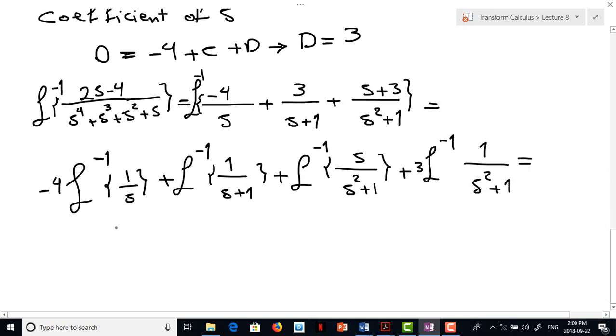If you look at the table, you can see that Laplace transform of 1 is equal to 1 over s. As a result, Laplace inverse of 1 over s is equal to 1. So we have minus 4, plus Laplace inverse of 1 over s plus 1 is e to the power of minus t, plus Laplace inverse of s over s squared plus 1 is cosine t, plus Laplace inverse of 1 over s squared plus 1 is sine t.